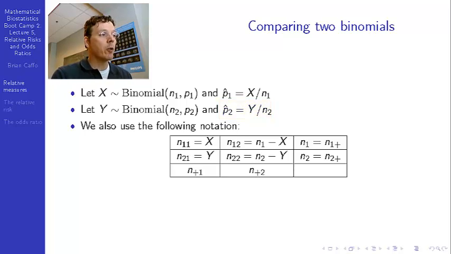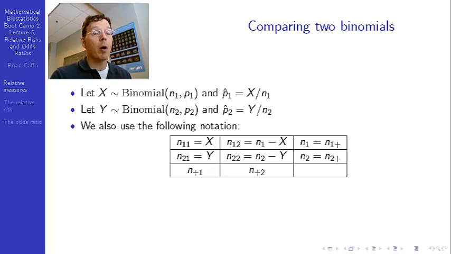So we're going to use the following notation in addition to the x and y notation. x is the count for drug A, y is the count for drug B, and so on. But given that it's a little 2-by-2 matrix, we can index the elements by i and j. So n11 is the upper left-hand cell, n21 is the lower left-hand cell, and so on.